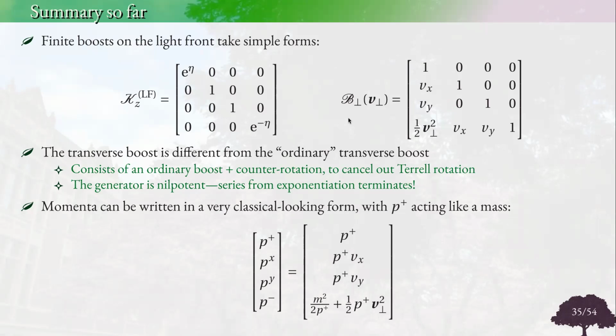And your transverse boosts are lower triangular, and the diagonal components are all ones. So these are really nice. The generator for the second is nilpotent, so the series from exponentiating the generator terminates, which is the reason that this finite V perp works out so nicely. And momenta can be written in a very classical looking form, with P plus appearing where the mass would.